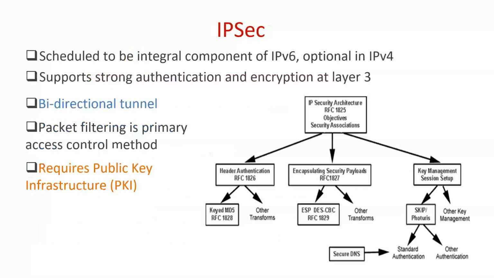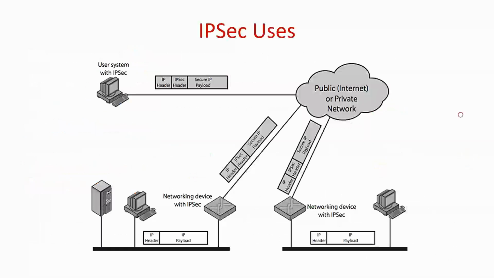Okay, and the IP security protocol relies on three main protocols that implement the security features. These are the authentication header protocol, the encapsulating security protocol, and something called the key management and session setup protocol. And all of that needs the IP security architecture, which is another RFC, to basically coordinate how all these protocols work.